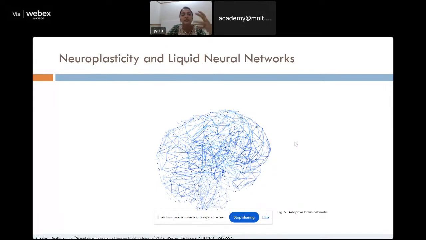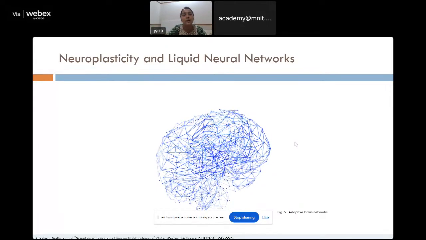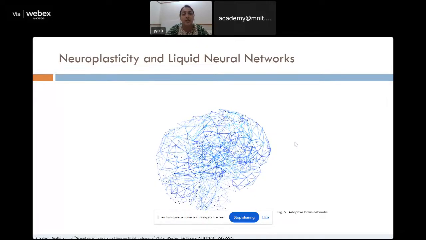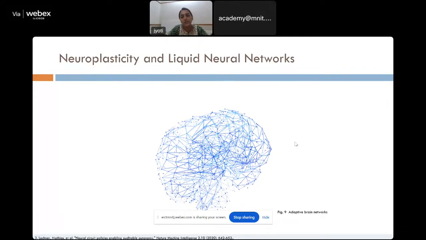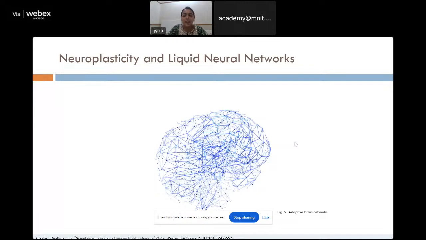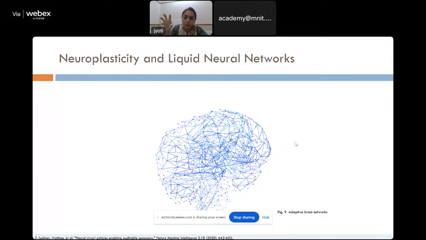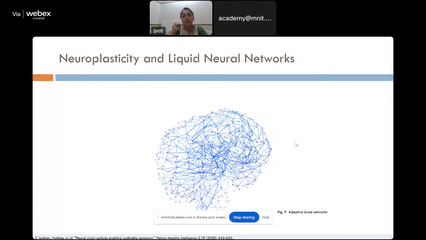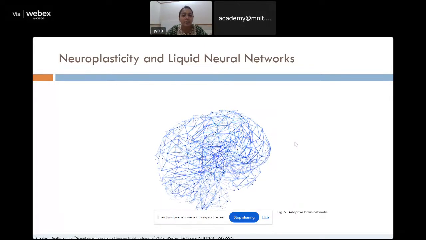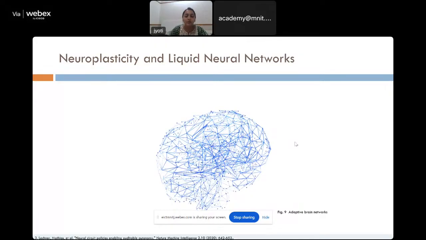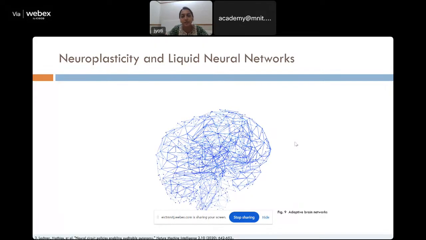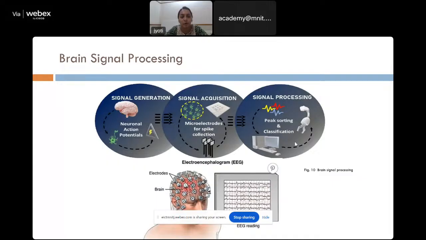This is called neuroplasticity. Inspired by neuroplasticity, nowadays liquid neural networks are also there which consider this thing. So we are understanding the human brain, getting inspiration from it and applying it in creating the mathematical model. This is just one part which theorists or mathematical modelers are doing.